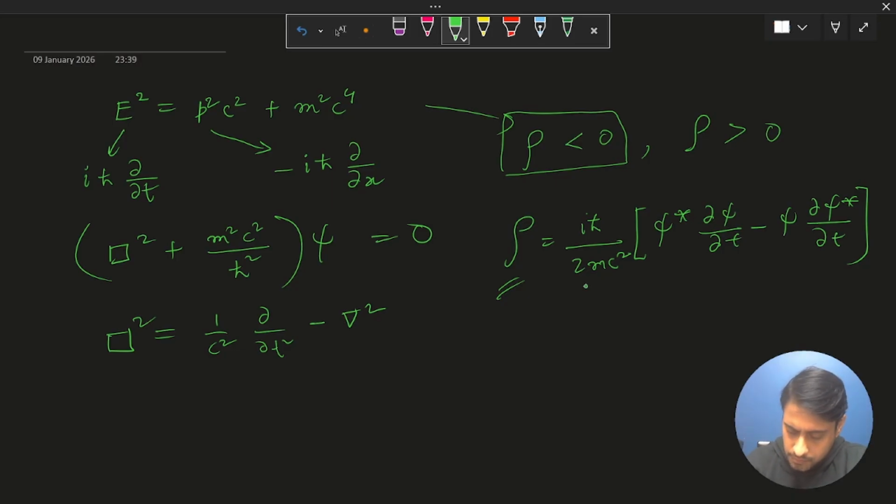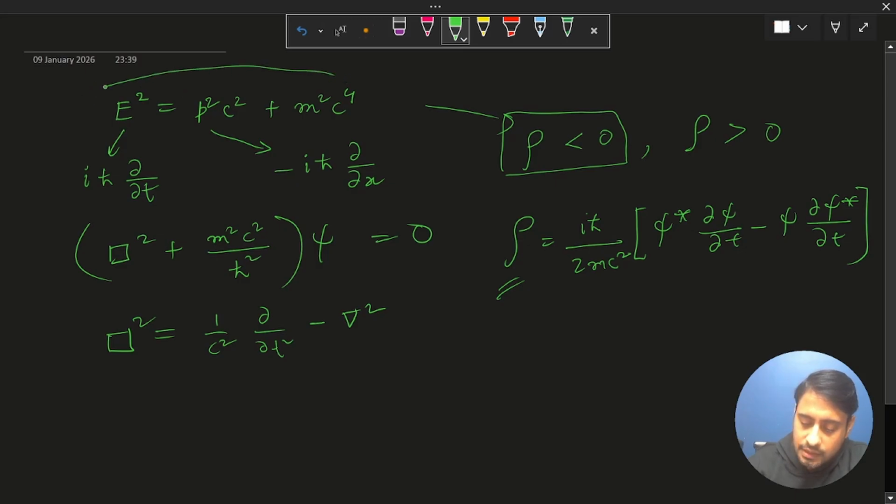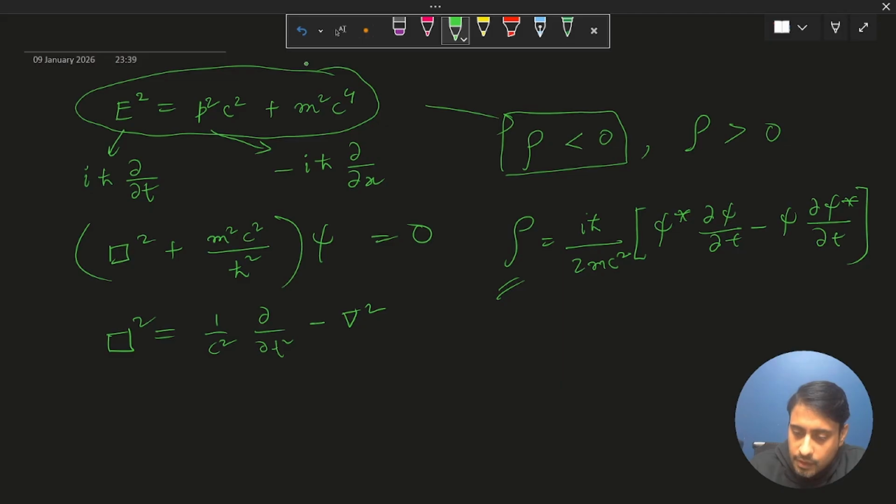So now this was practically a challenge, to convert this energy expression to a desired form. Like for a non-relativistic particle, the Schrodinger equation gives us the right results for the probability density.